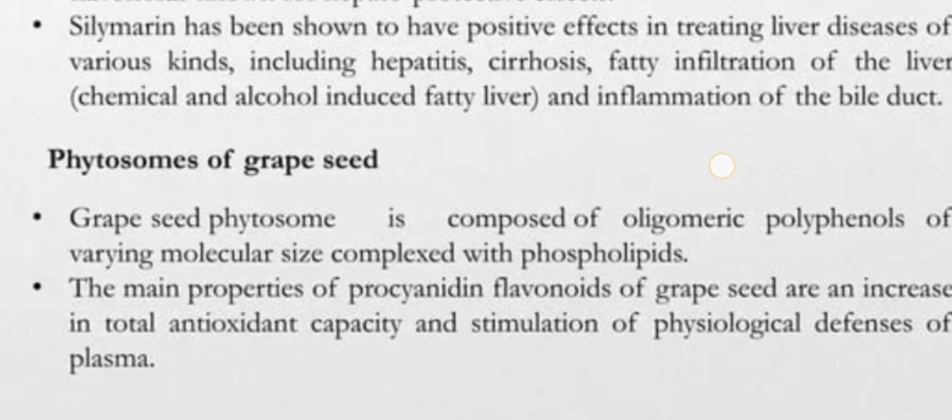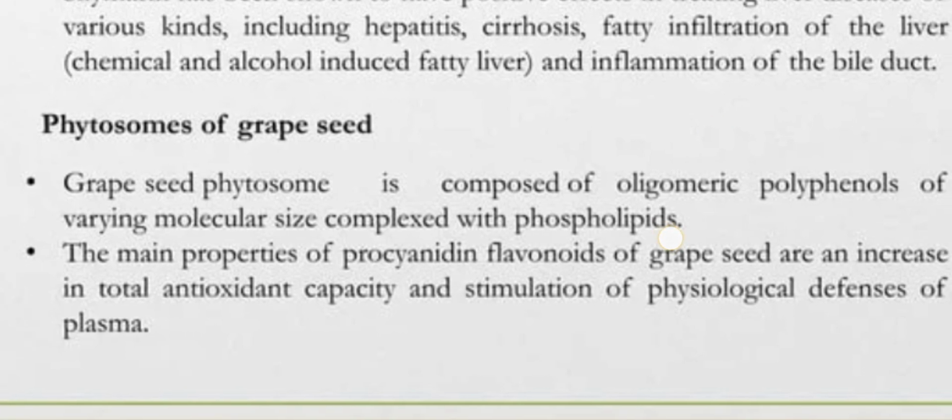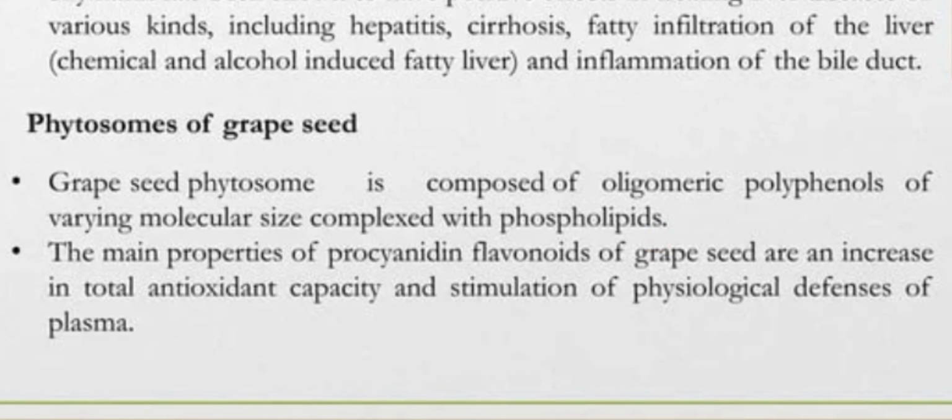Then another example of phytosome, grape seed. Phytosomes of grape seed. Among the major applications, grape seed phytosome is composed of oligomeric polyphenols of varying molecular size complexed with phospholipids. That is the combination. The main properties of procyanidin flavonoid of grape seed are an increase in total antioxidant capacity and stimulation of physiological defenses of plasma.